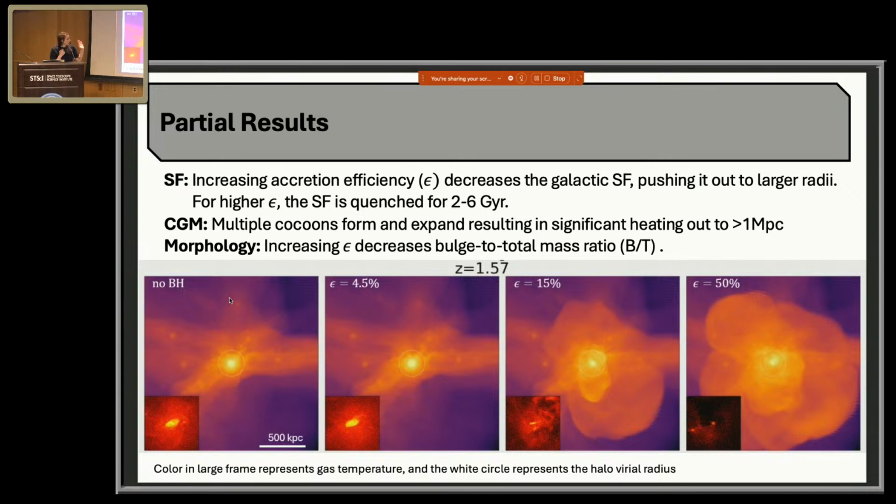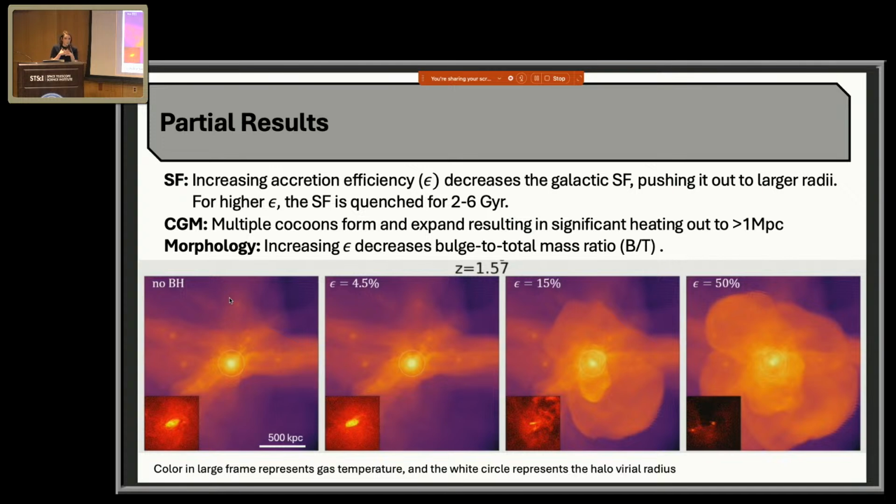On the far side, you can see the formation and expansion of multiple generations of jet cocoons, which expand out far beyond the CGM into the IGM, affecting both gas recycling and pristine accretion from the cosmological filaments.